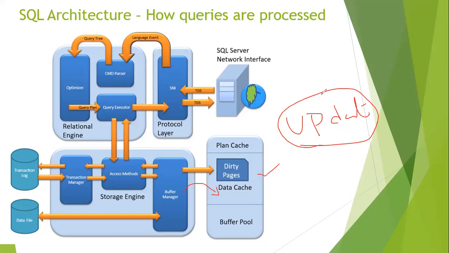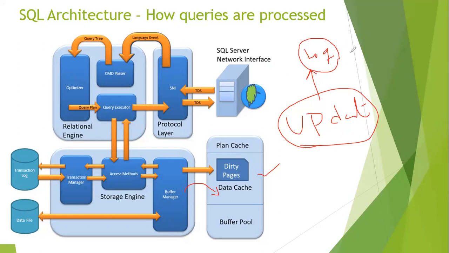Rollback has to read through the log file. I'm not going into the internals of how rollback works, but it has to read through the log file that I have, from the last checkpoint and so on. It has to recover data from the transaction log file.